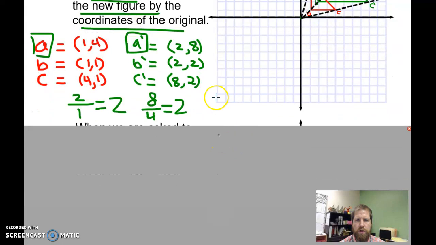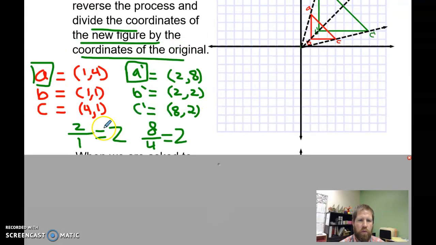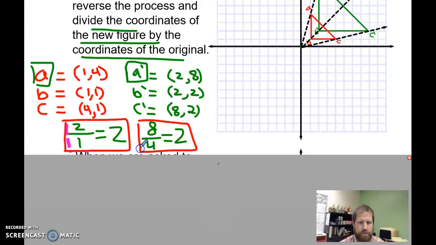All right. So now I've done this, and whatever your ratio turns out to be is going to be your scale factor.